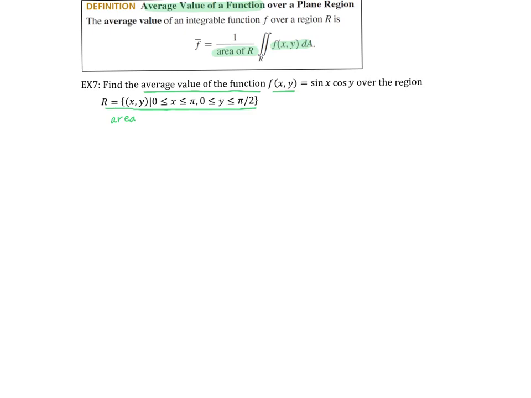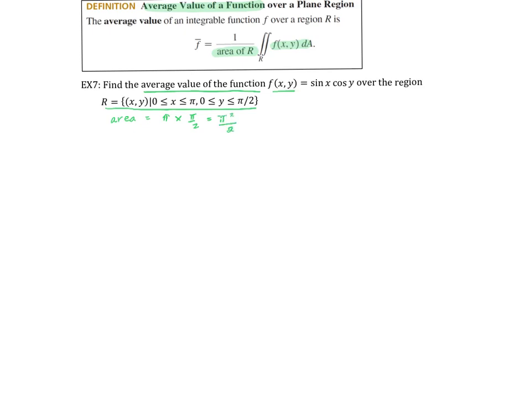If you look at your x values, they go from 0 to pi. So the length is pi times, when you look at the y values, they go from 0 to pi over 2. So the length along the y is pi over 2. Multiplying these, I get pi squared over 2.